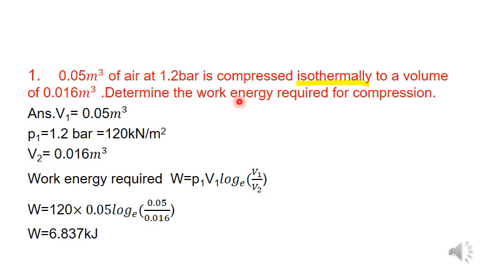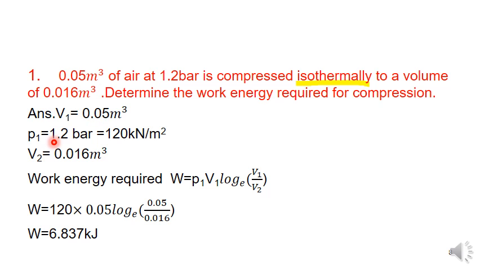Determine the work energy required for the compression. In this problem they clearly mention that it is an isothermal process. Isothermal means, to recollect, a constant temperature process. So the given data: V1 is equal to 0.05 meter cube.